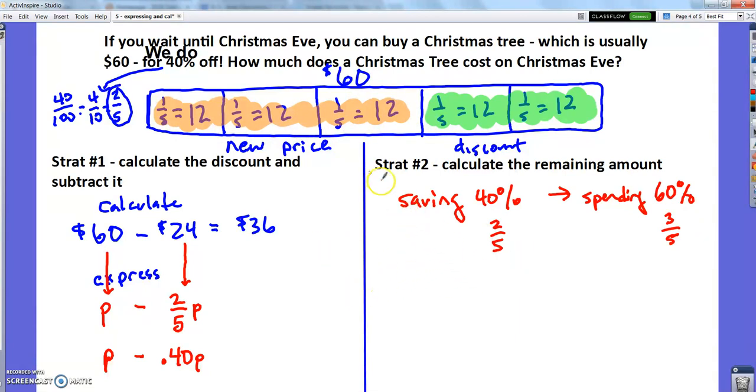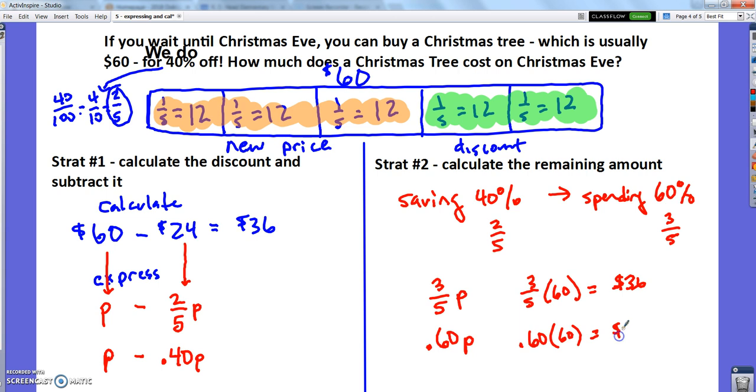So if I wanted to show that with algebra, instead of taking the price and taking away 2/5 of the price, I'm just spending 3/5 of the price. Or instead of taking the price and taking away 40% of the price, I'm just spending 60% of the price. So I would do 3/5 times 60 is $36, or 60% times $60 is $36. So that's two ways to show and calculate the price of a discount.